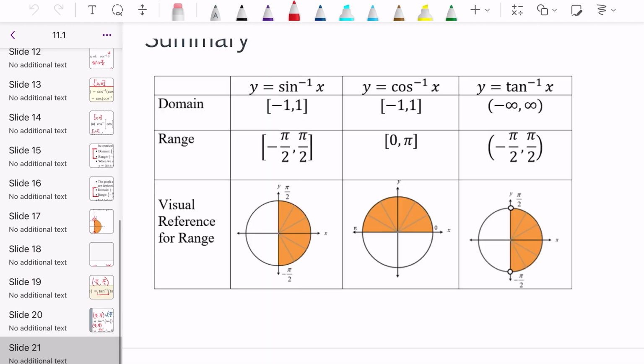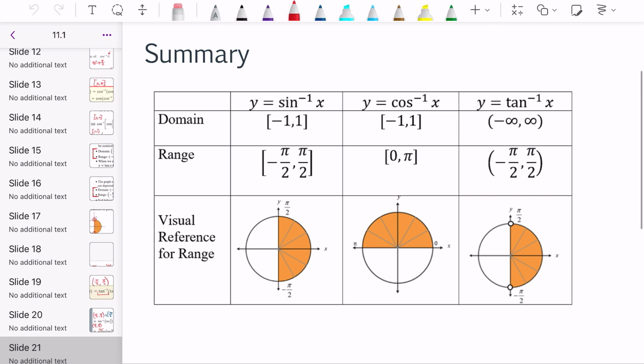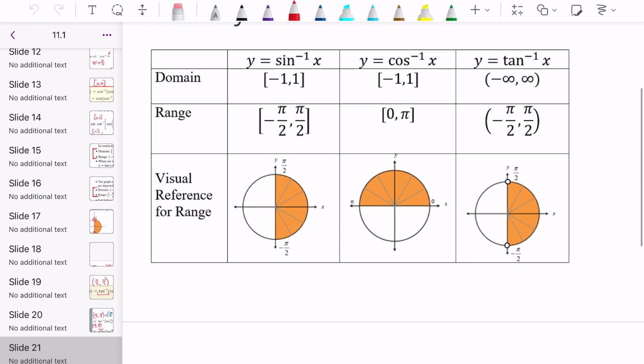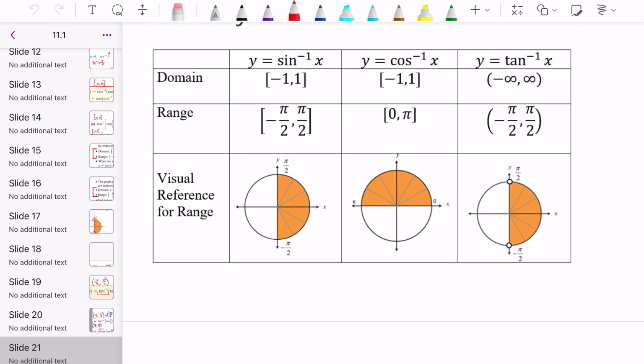Our last slide, slide 21, goes over a summary of the domains and the ranges for our inverse trig functions. Something to keep in mind as we're doing our reflections: our reflections would occur for sine from left to right.